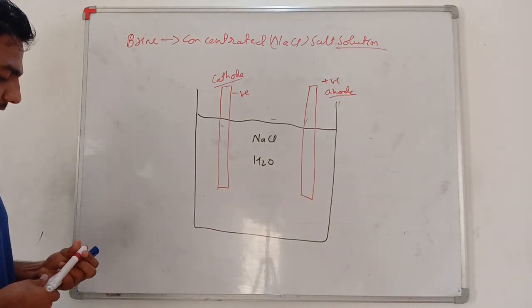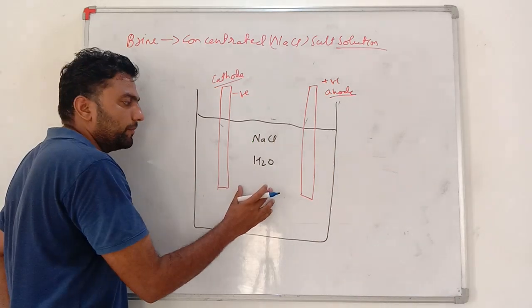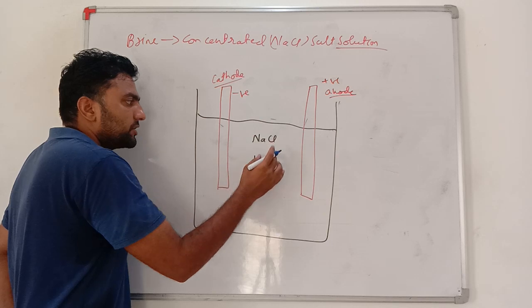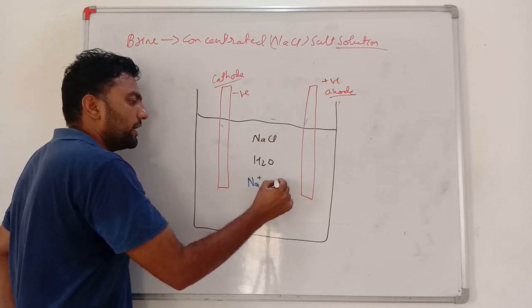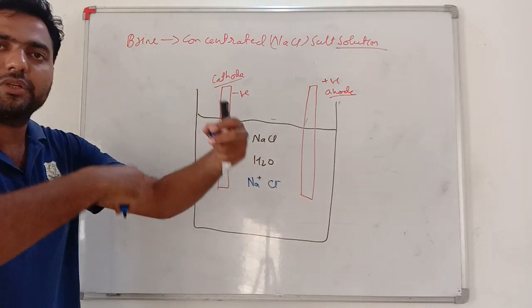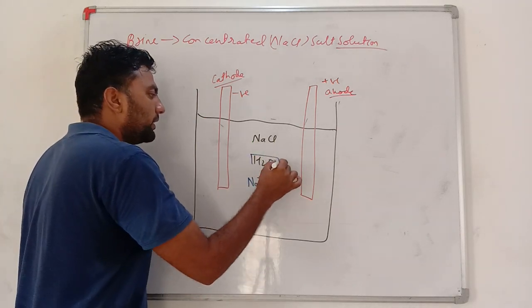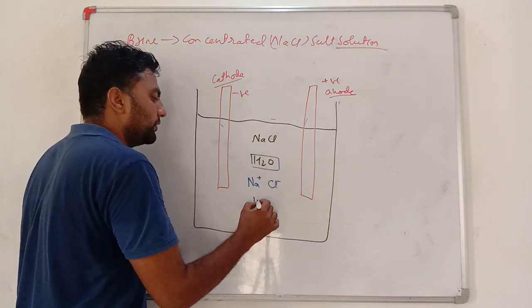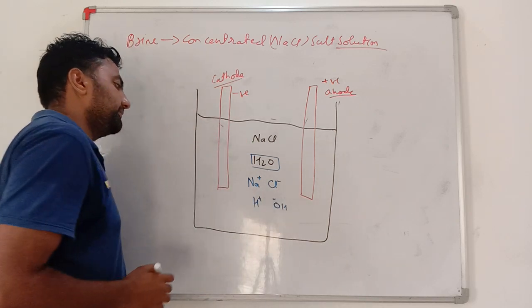Okay. See my dear student, as electrolysis is done and this is a solution, yes or no? As we add salt, it gets converted into Na plus free ion and Cl minus free ion. As it is in aqueous solution, these ions can freely move. And water in electrolysis dissociates into H plus and OH minus.